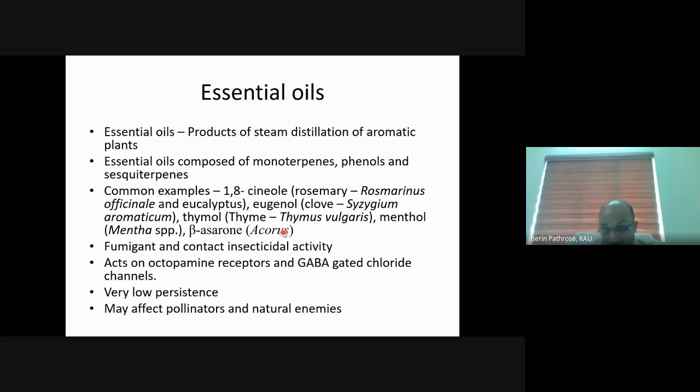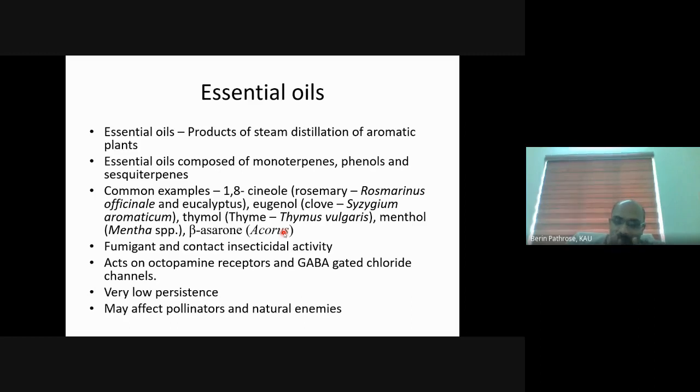We can't say that all essential oils act on GABA-gated chloride channels. If you scan the literature, most of the essential oils act on GABA-gated chloride channels, and some act on octopamine receptors.